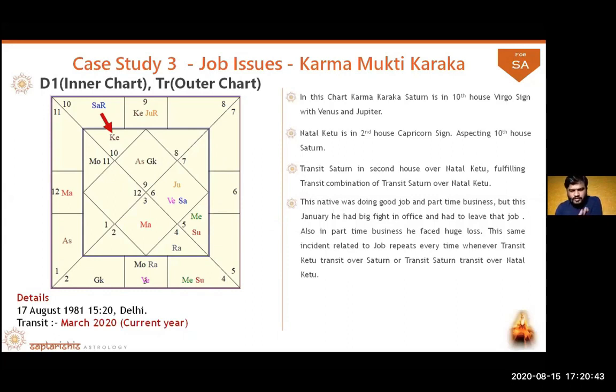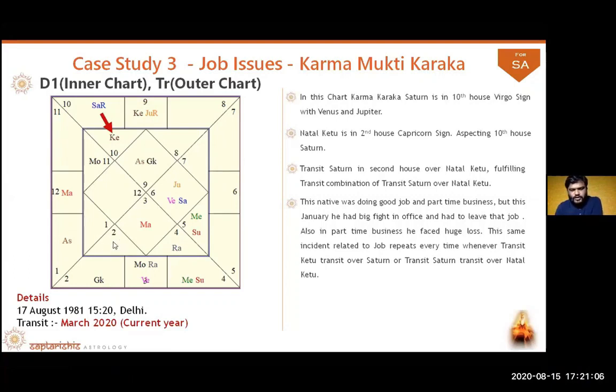But in January 2020, he had a big fight in the office. Why the fight? In the 10th house, the sign is Virgo. Virgo sign means disputes and fights. Saturn, the Karma Karaka, is there, and also the sixth house lord, Venus.